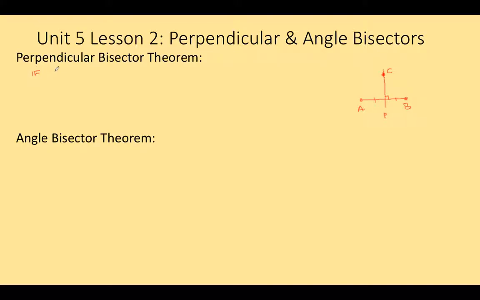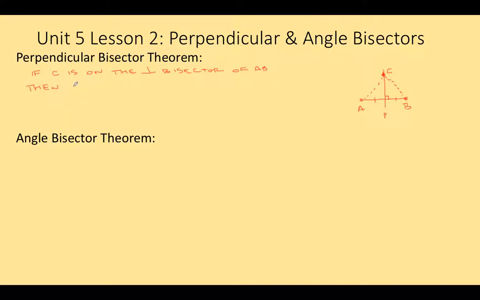If C is on the perpendicular bisector of AB, so that's the situation that we have here, then, well, this line that I have from C to A is going to be congruent to that point to the other endpoint.